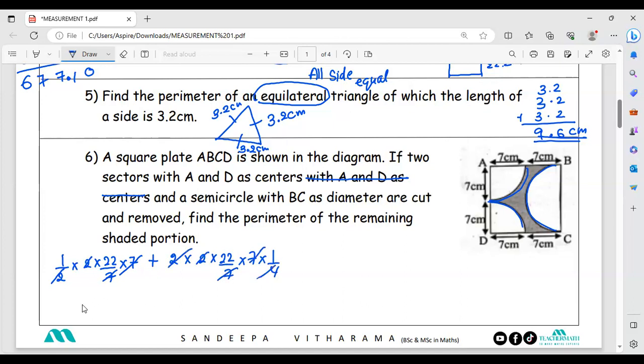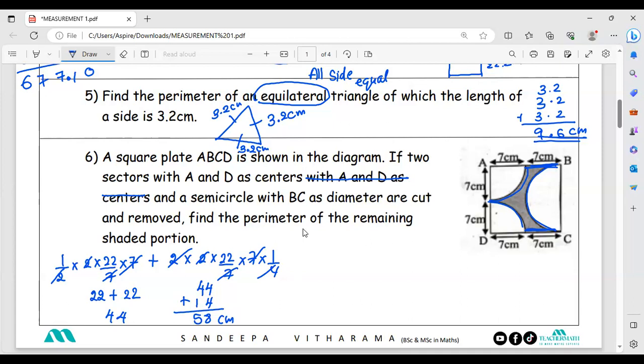Here also 22. That means you can add 22. 44 centimeters. And this 2 also should be added. 44 added 14 is 58 centimeters.